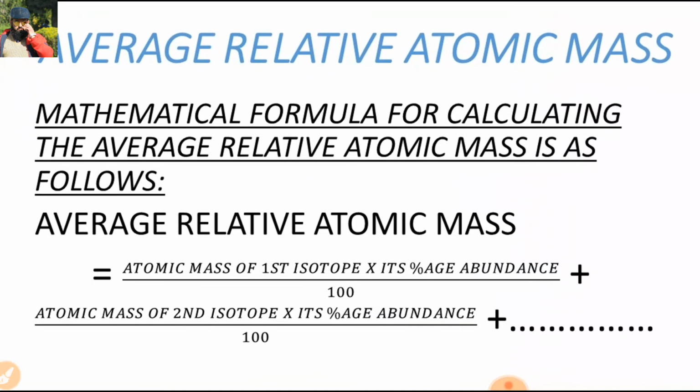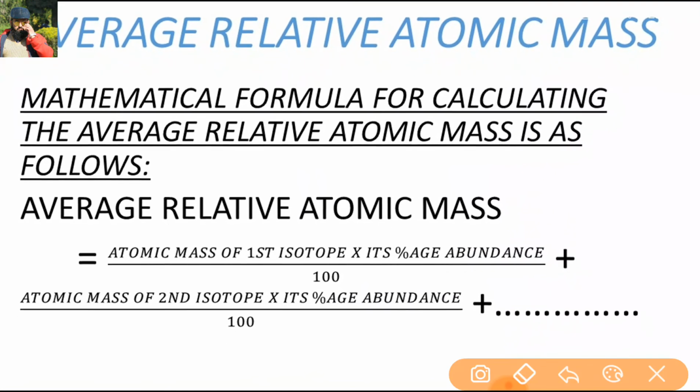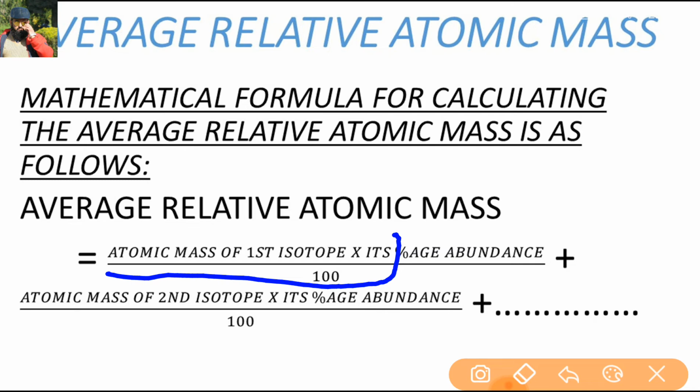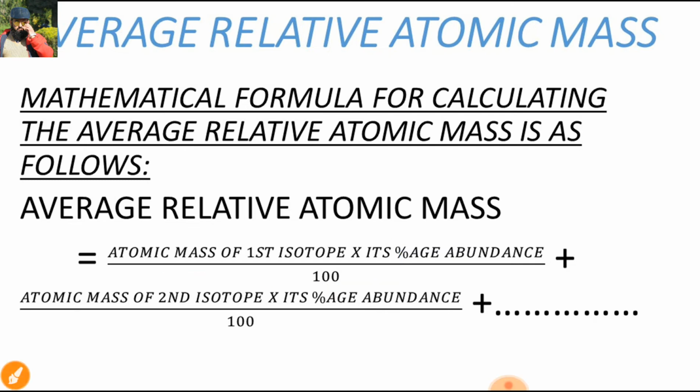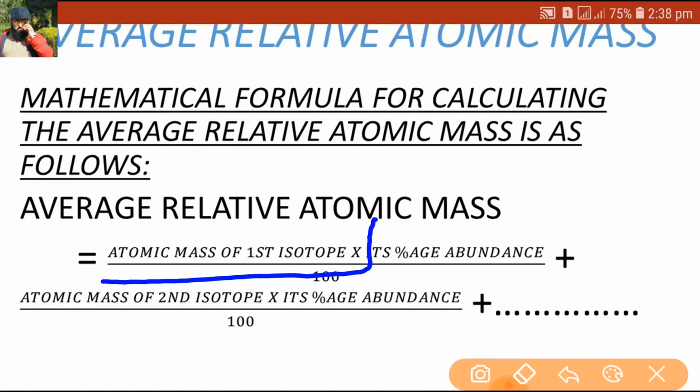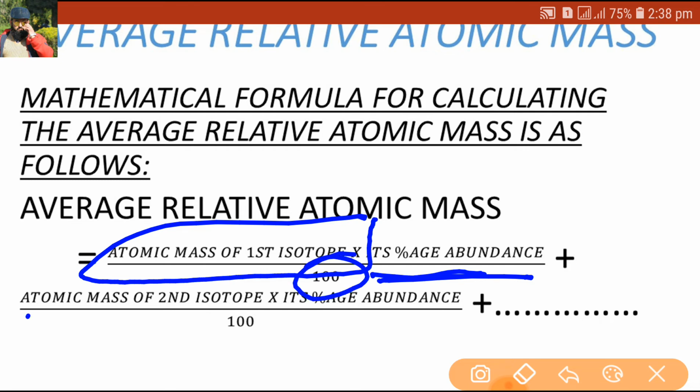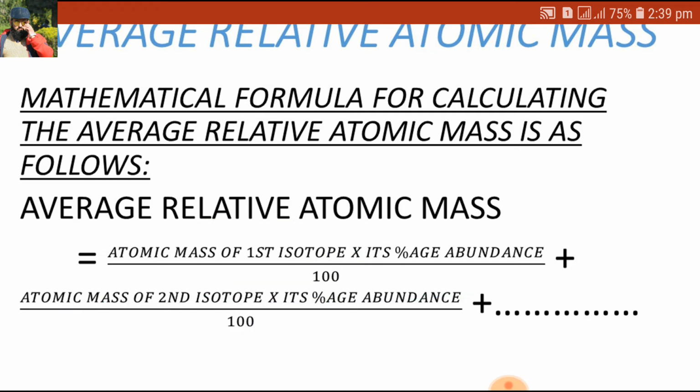We take the atomic mass of the first isotope multiplied by its percentage abundance divided by 100, plus the atomic mass of the second isotope multiplied by its percentage abundance divided by 100, plus and so on. So on depends upon the number of isotopes.